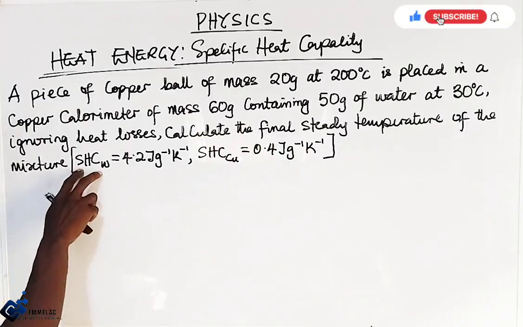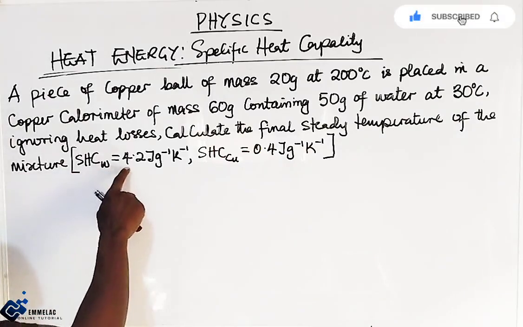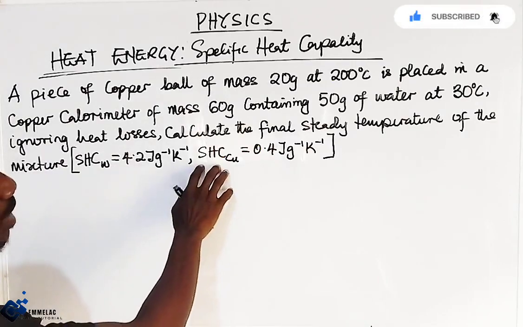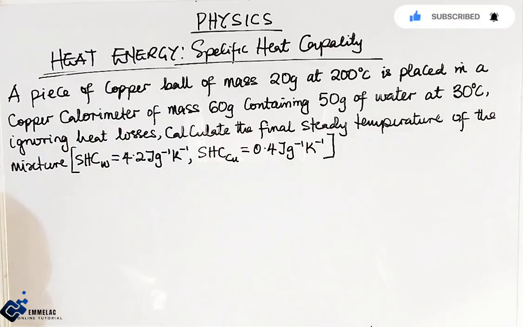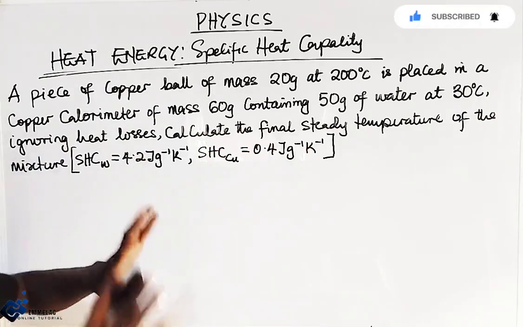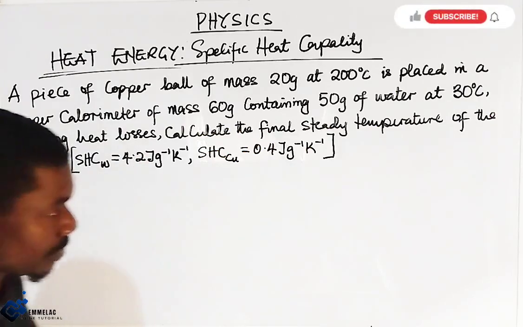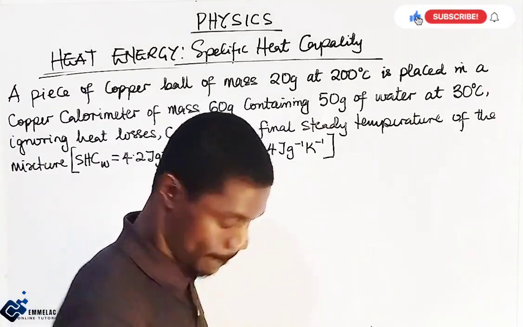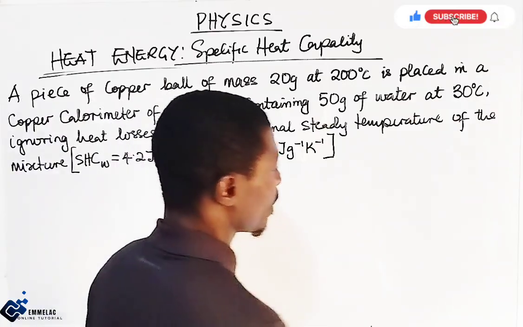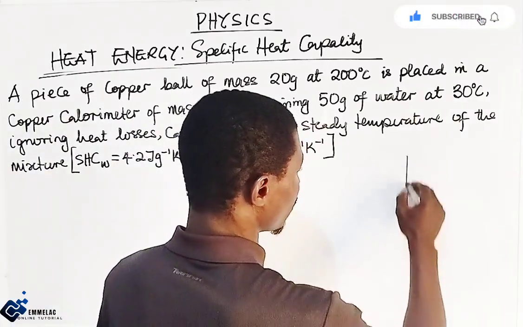And here we have the specific heat capacity of water to be this, and the specific heat capacity of copper to be this. Now, to bring this question to a sense of reality, let me draw this. Now here is the calorimeter.